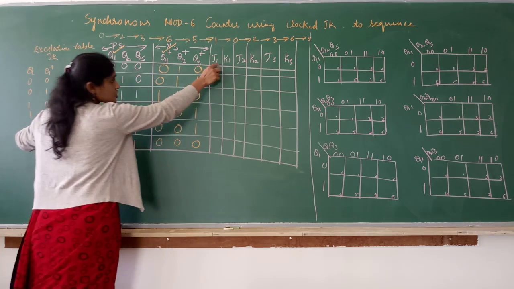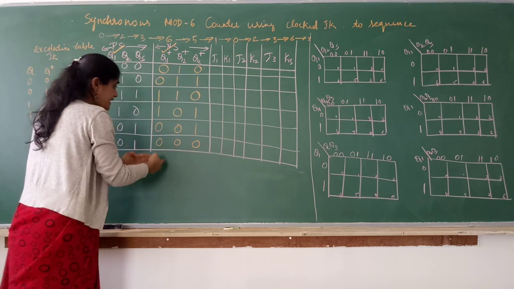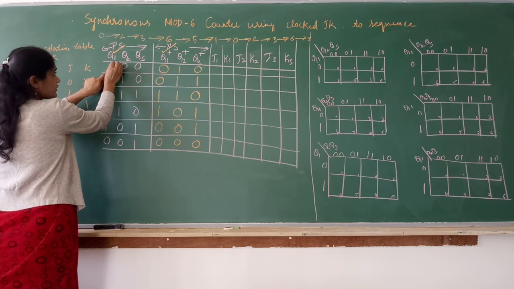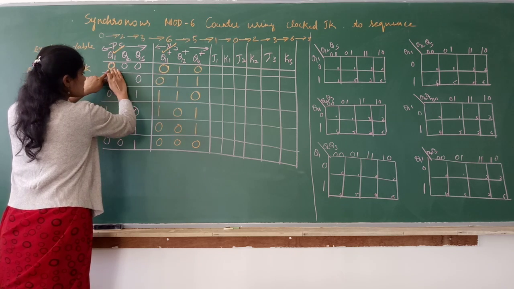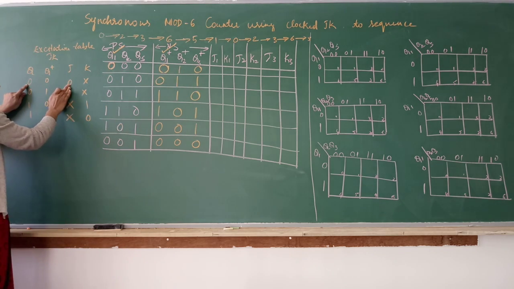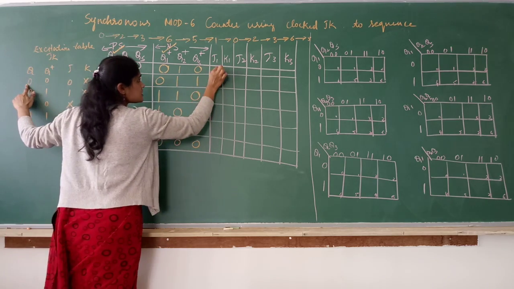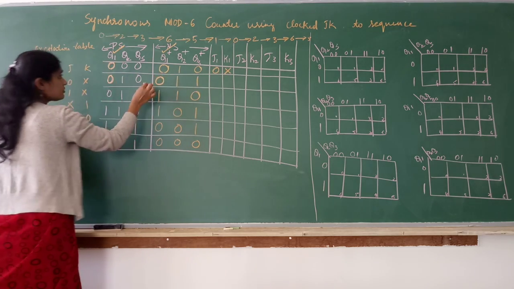So now let me write J1, K1. For that I will see only Q1, Q1 plus. What is Q1? For the first row, Q1 is 0. Q1 plus is 0. 0, 0. So write 0x. Next, 0, 0. 0x.